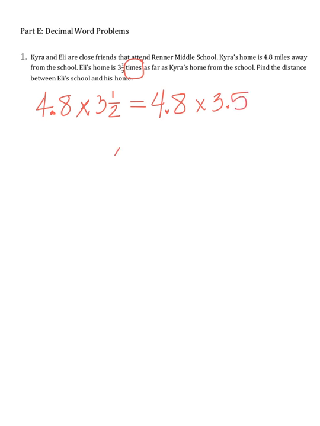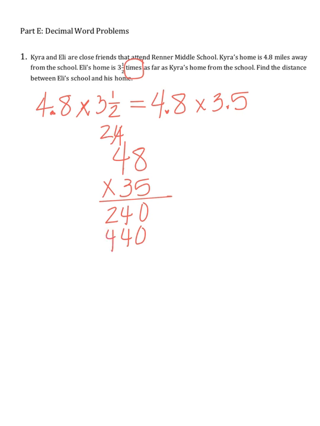To multiply decimals, I write both as whole numbers and multiply. Add a 0 as a placeholder. And add.